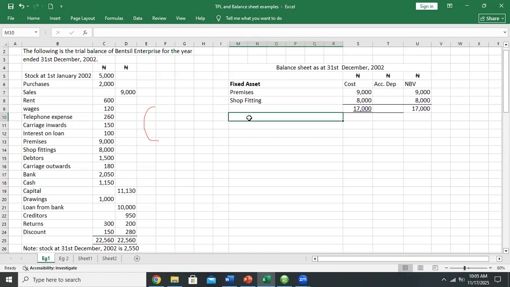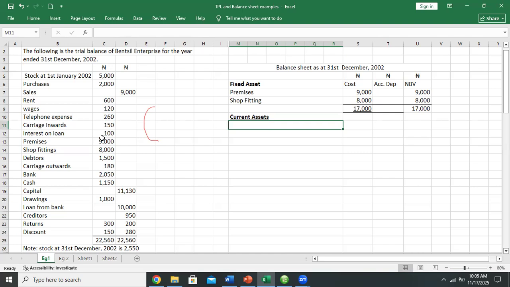The next thing is to go for your current assets. So professors, let's see if we can get the current assets from this question. So we are still looking for assets, though our focus is here. Who is giving us the first current asset?